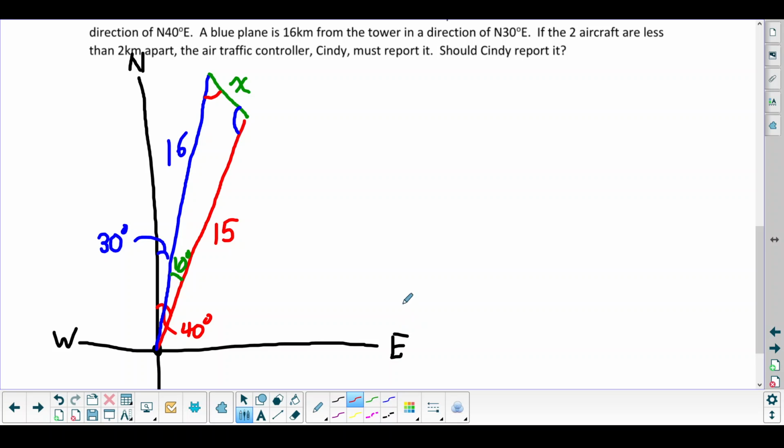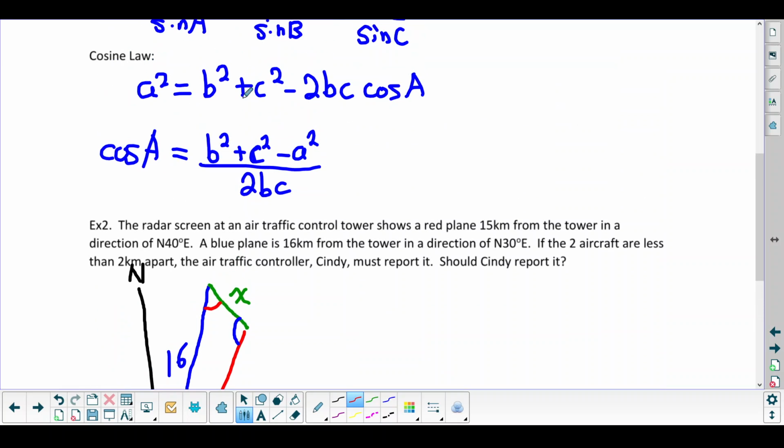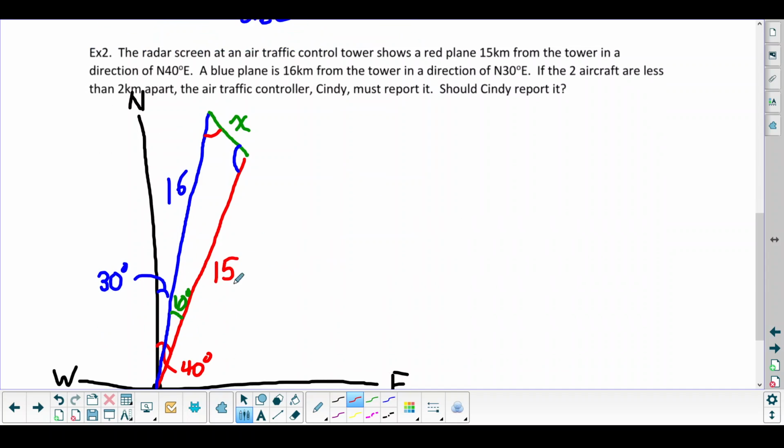But we can use cosine law because we have two of the side lengths, and we have the angle opposite of the unknown. If we look at our formula, the angle A helps us find side length A. So in this case, the angle opposite of x will help us find it. So this is the formula we're going to use. We're going to use cosine law.